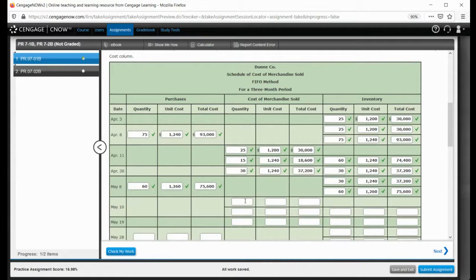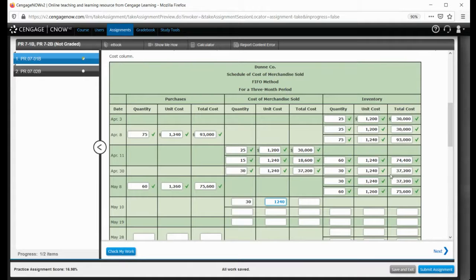So all 30 units that were in our ending inventory that came from the April 30th transaction are sold now. So we need to put it in the cost of merchandise sold column for what it cost us.